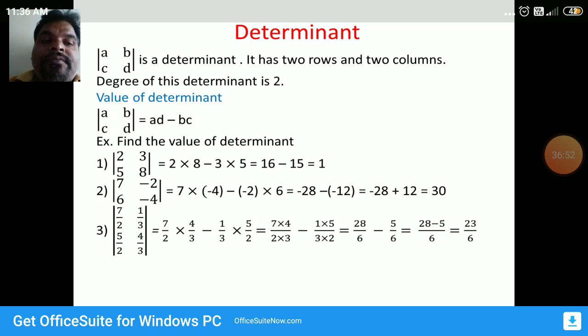Therefore, 7 upon 2 into 4 upon 3 minus 1 upon 3 into 5 upon 2 is equal to 7 into 4 upon 2 into 3 minus 1 into 5 upon 3 into 2. Now 7 into 4 is 28 upon 6 minus 5 upon 6 is equal to 28 minus 5 upon 6, that is 23 upon 6.